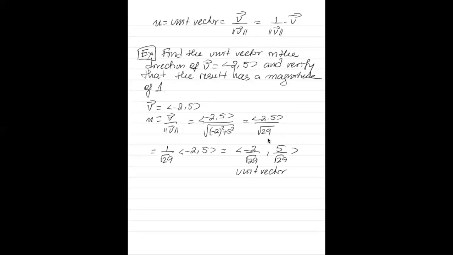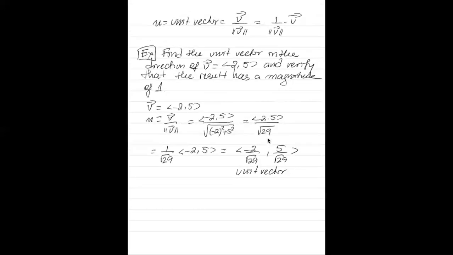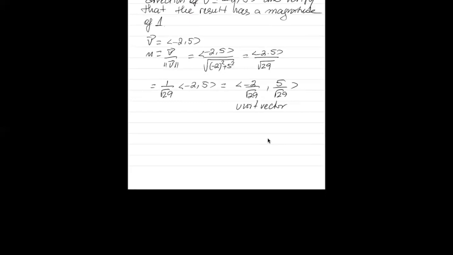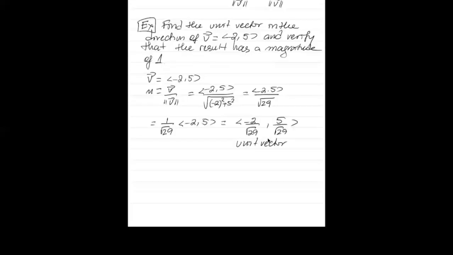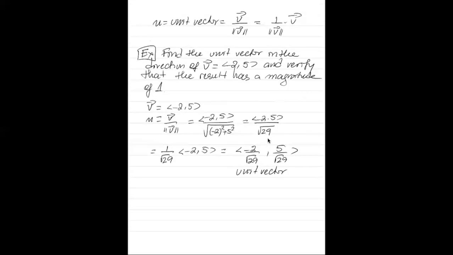But now we have to verify if indeed the magnitude of this vector is indeed 1. So how are we going to do this? We're just going to calculate. So check if the magnitude of our vector is indeed 1.